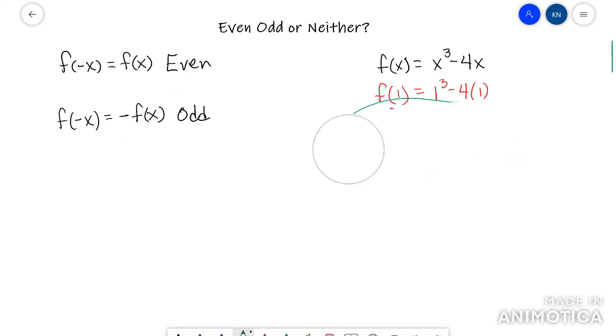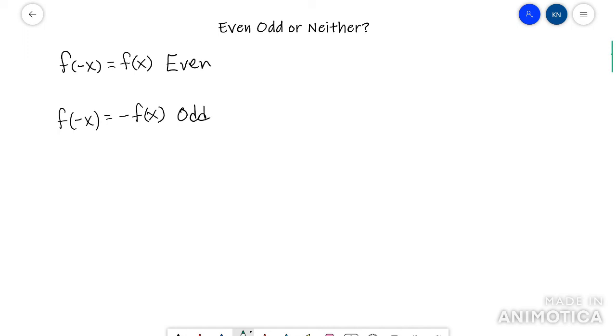Here's an example of me doing that with an even function. So something like this. So I'm going to plug in 1, and then I'm going to plug in negative 1 again and see what happens. So f of 1 would look like this.